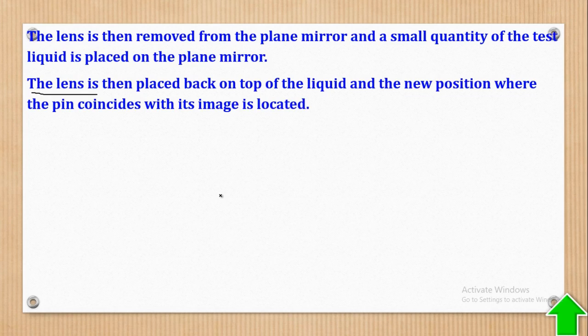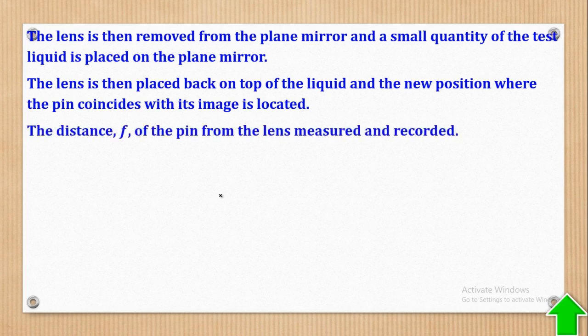The lens is then placed back on top of the liquid, and the new position where the pin coincides with its image is located. So you repeat the procedure. The distance f of the pin from the lens is measured and recorded.